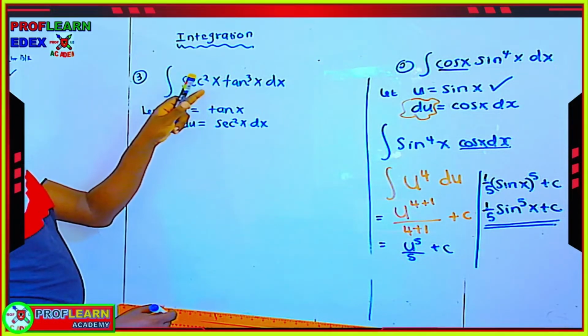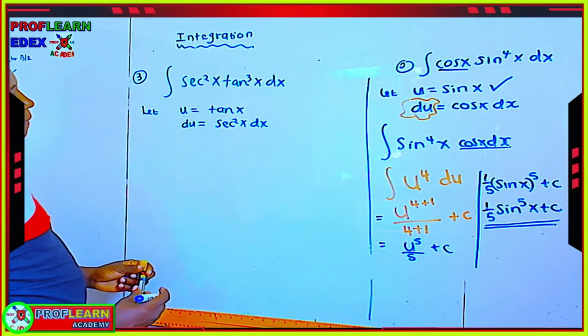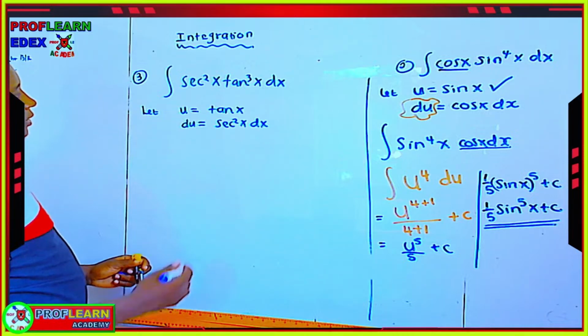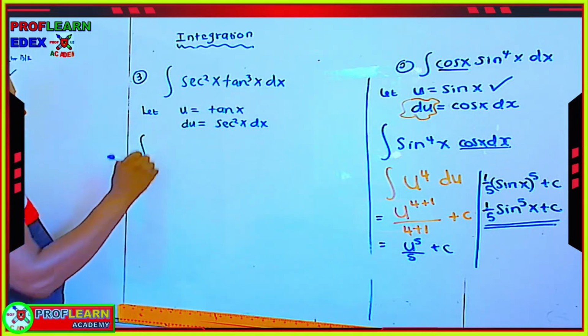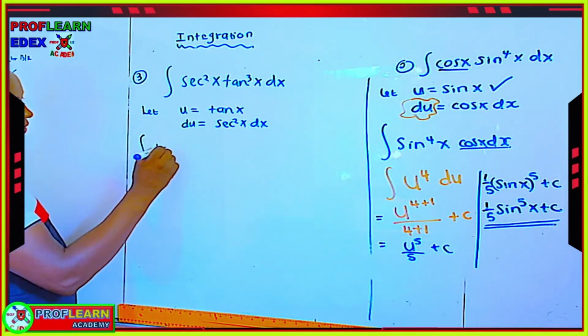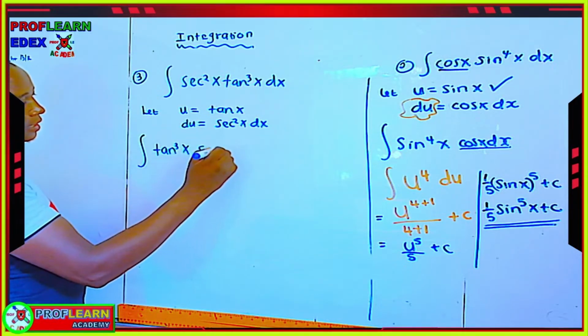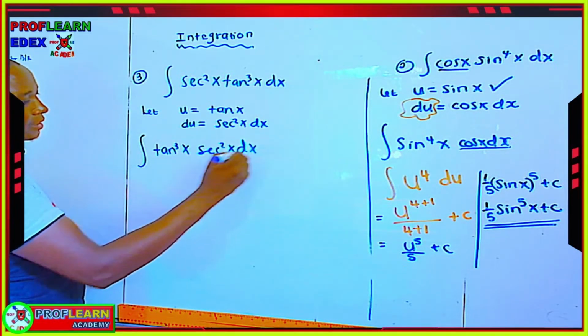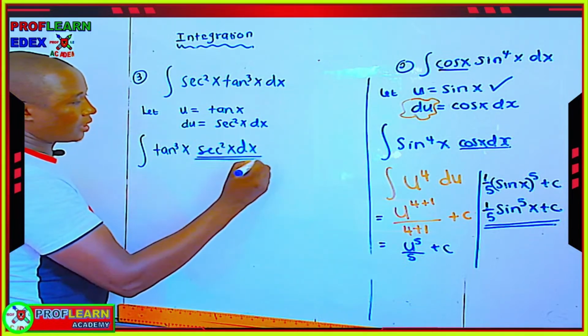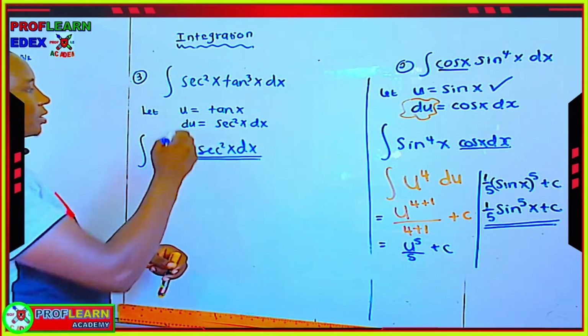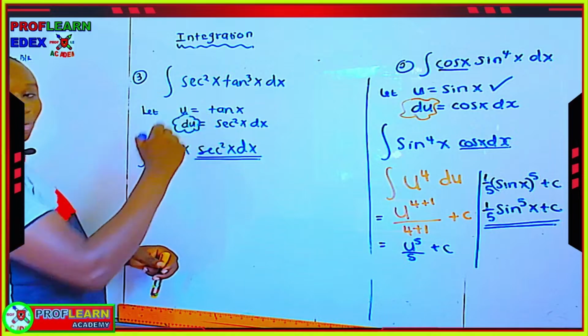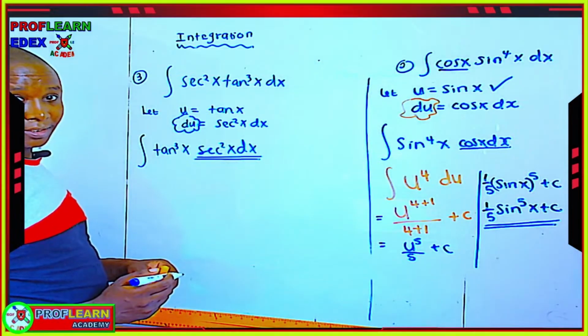And basically that's what we have at this given point here, right? So when we write this integral, it's going to be tan cubed x sec squared x dx. So this part that we have here can be replaced with du that we have at that point.